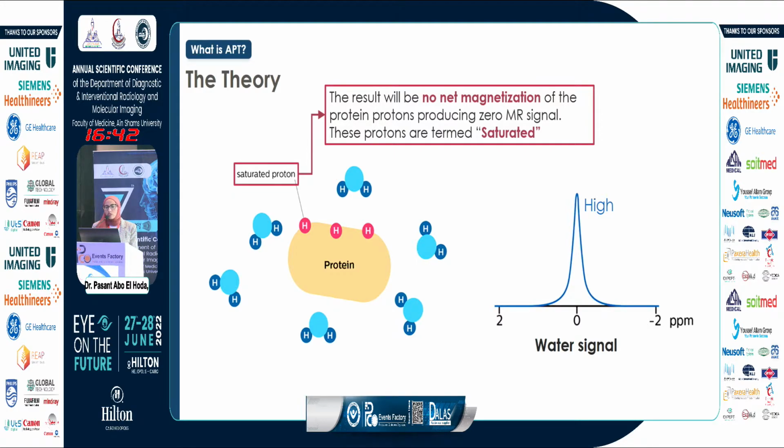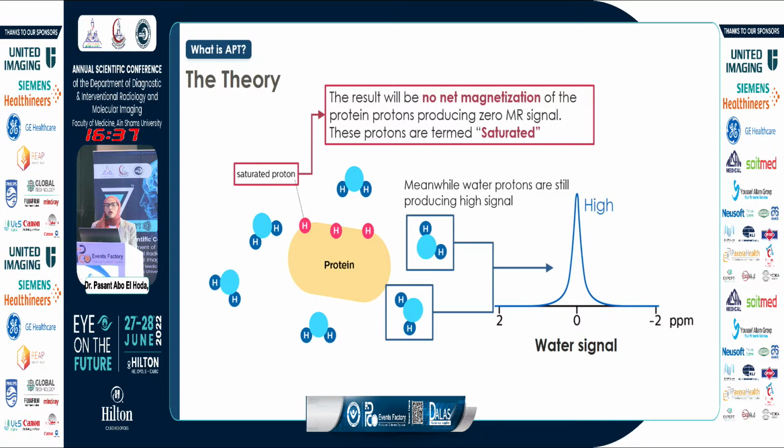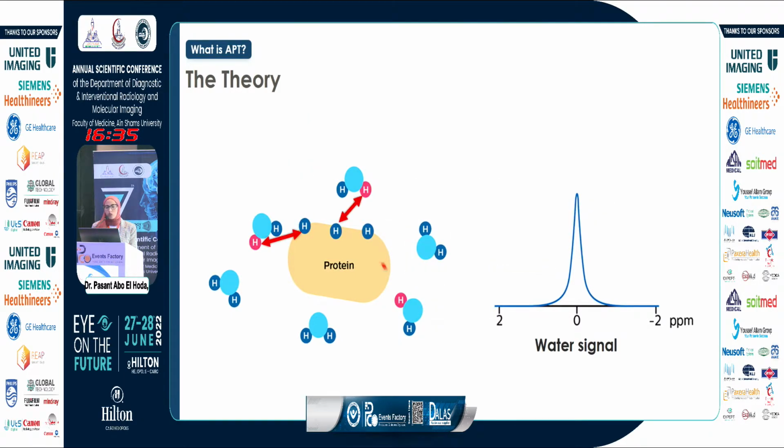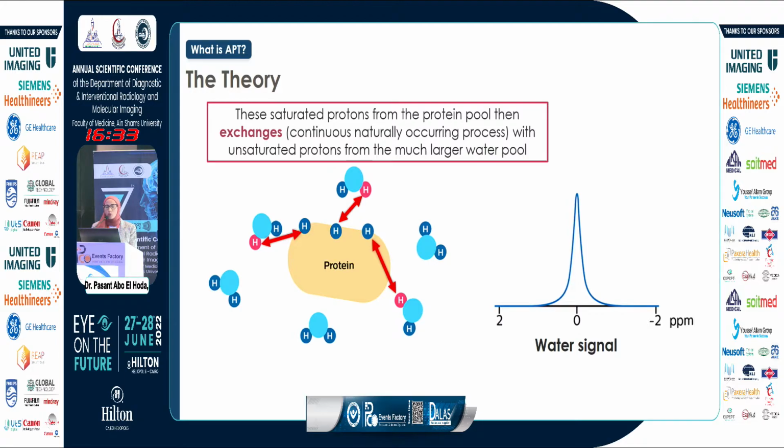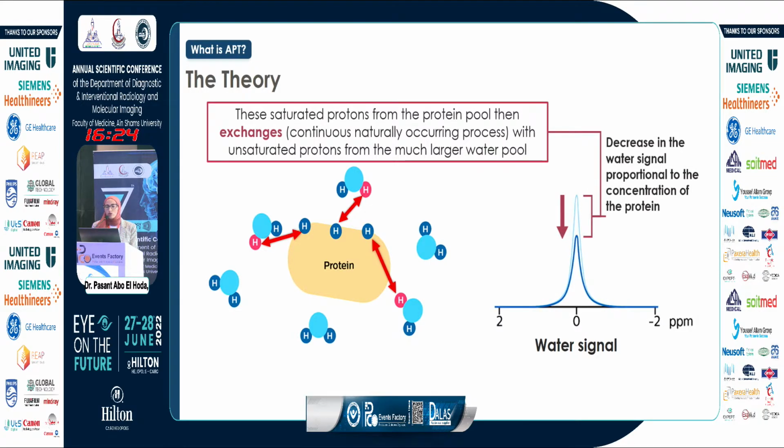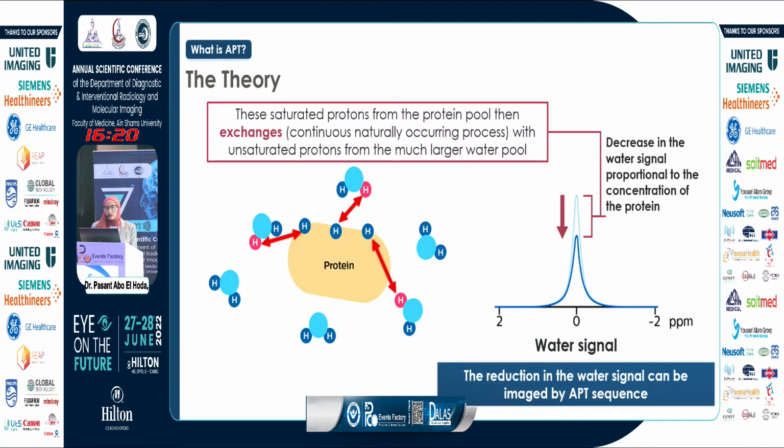At this time, these small hydrogen protons will be null with no signal at all. As we mentioned earlier, there is a continuous exchange between the hydrogen atoms on the proteins and the hydrogen atoms on the water molecule. With suppression of this hydrogen atom, this will lead to a decrease of the water signal in a proportional concentration to the protein, and this reduction in water signal can be measured on the APT sequence.